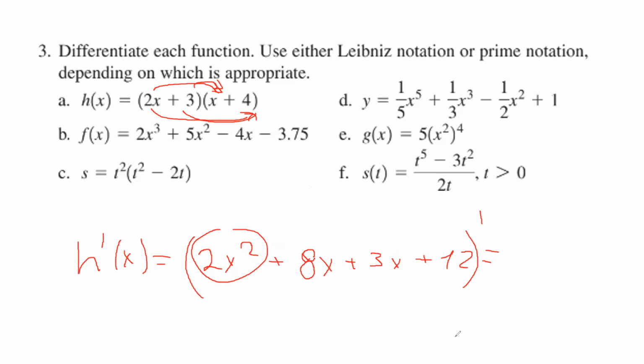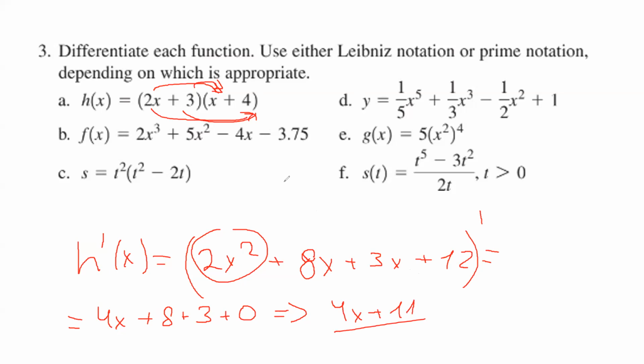Remember, derivative of a constant is equal to 0. So it's gonna be 4x plus 8 plus 3 plus 0. Simplifying it, it's gonna be 4x plus 12. It's plus 11. Oh yeah, you're right. 8 plus 3 is 11.